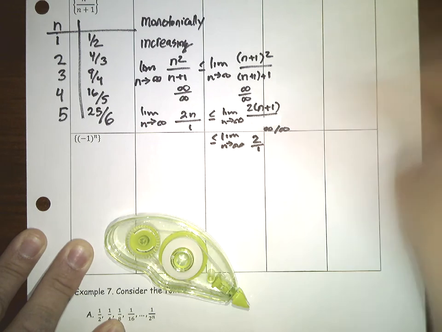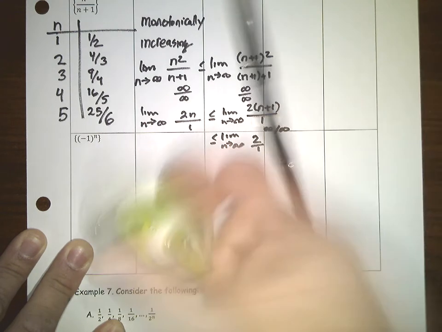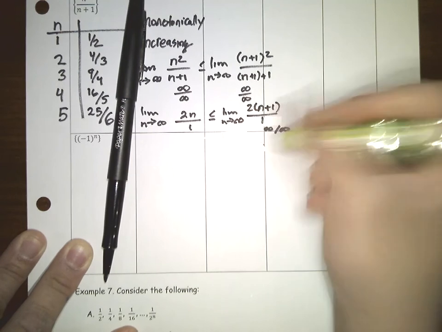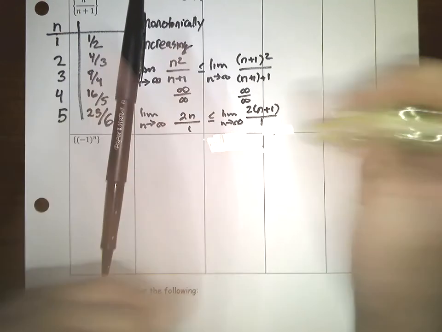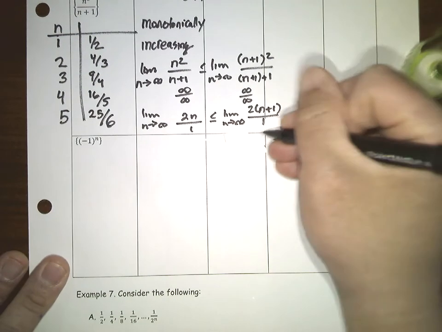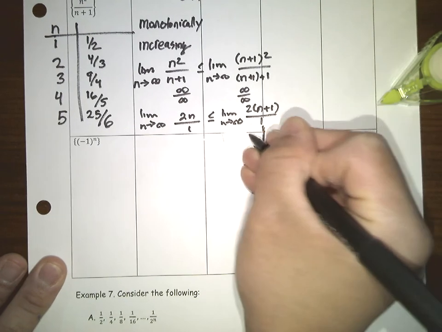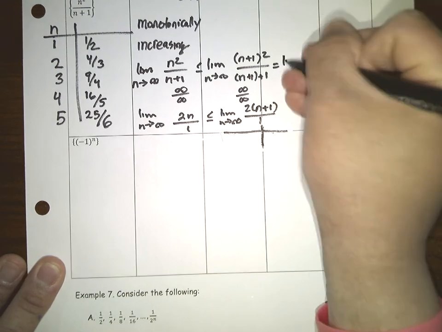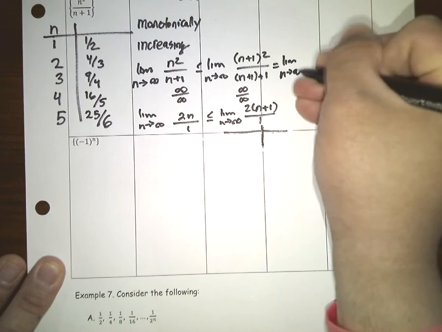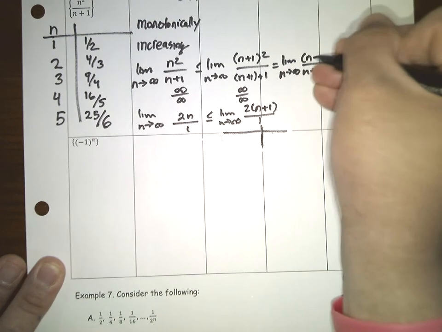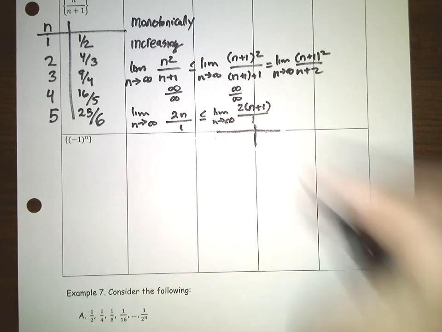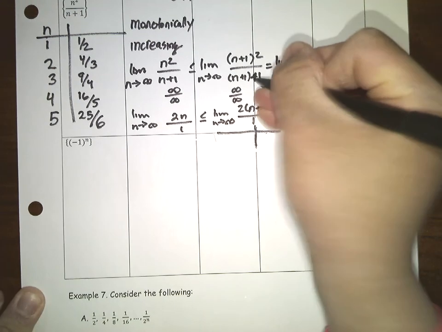I was trying to figure out why I said that, but I was looking at something weirdly when I decided not to simplify this n plus 2 here. But there we go.